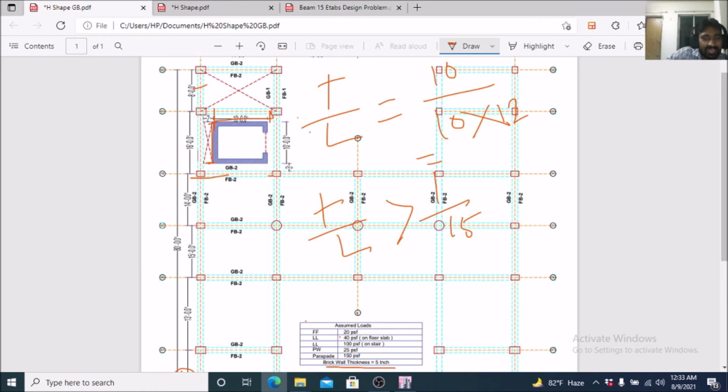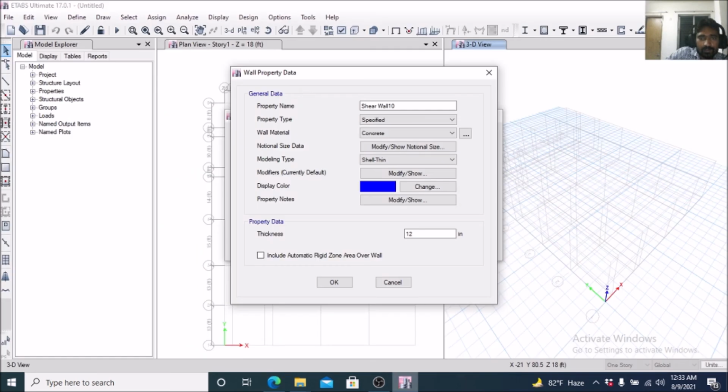Our value is 0.08 and 1 by 15 is 0.07. So T by L greater than 1 by 15, the shell will be thick. So shell thick should be clicked, and here the thickness will be 10.